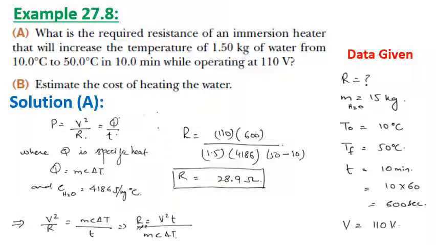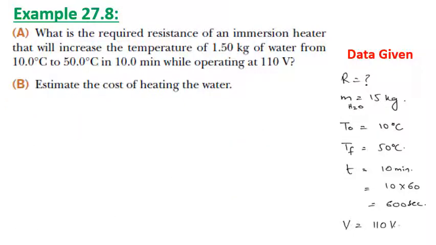It should be 1.5, not 15 kilograms, because in the statement it's 1.5. So 1.5 into 4186, and final minus initial temperature, and by simplifying it we get the value of R, which is 28.9 ohms.